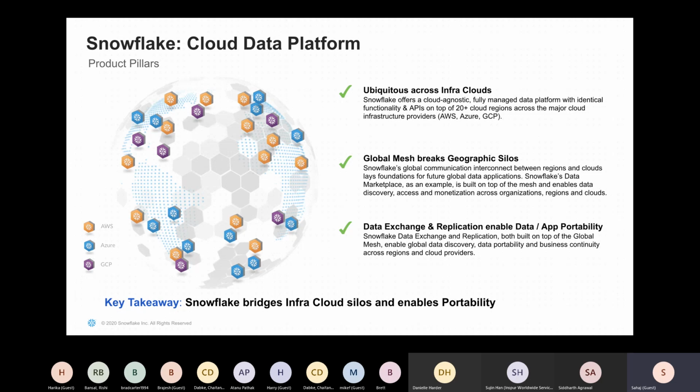And that's how we can break these silos. And the second thing that we built on top of this global mesh is replication, which is the underpinning of being able to move data across regions and clouds seamlessly. So this is a high-level view of how Snowflake bridges the silos across clouds and enables portability.